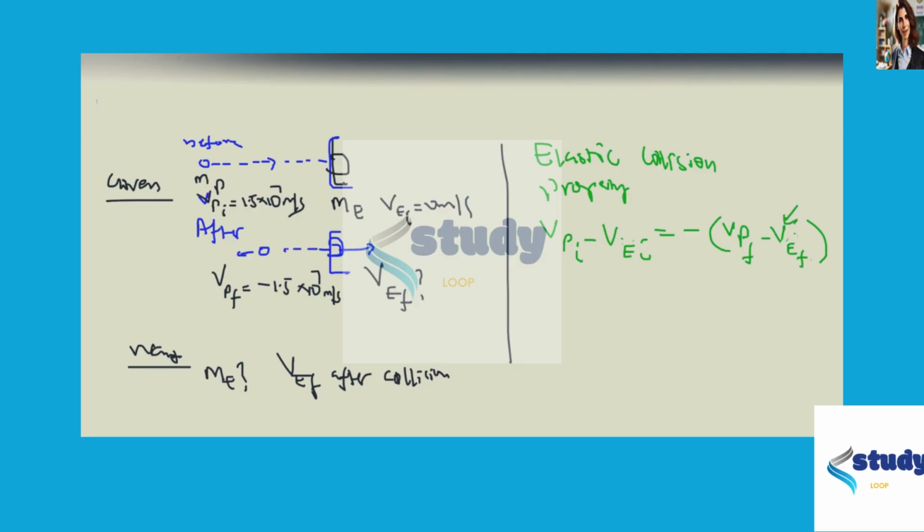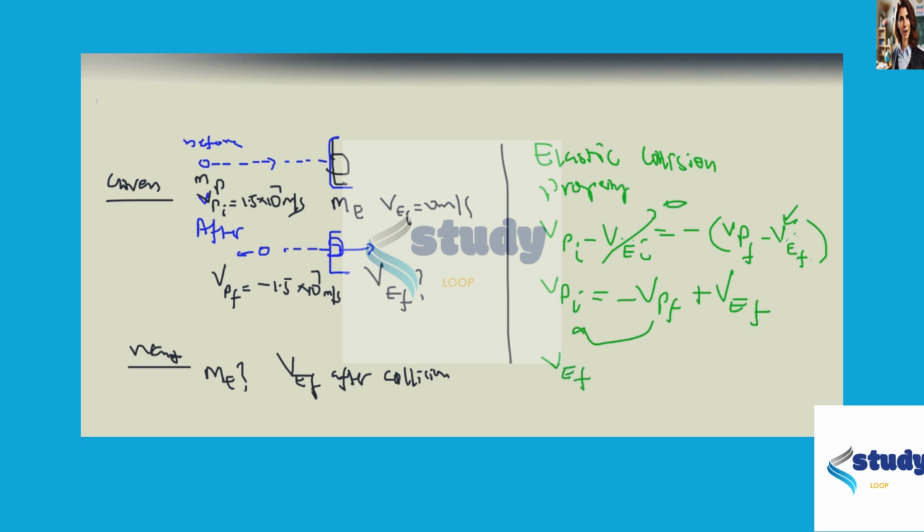And so this can help us solve for the final velocity of the element. Vp initial, which we're given, minus Ve initial, which is going to be 0, is equal to negative Vp final plus, by the distributive property, Ve final. We move this to the other side and it becomes positive.